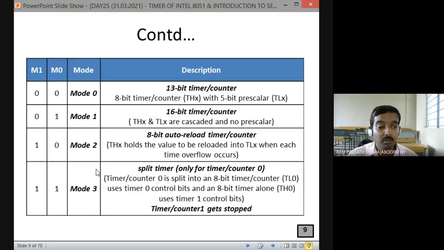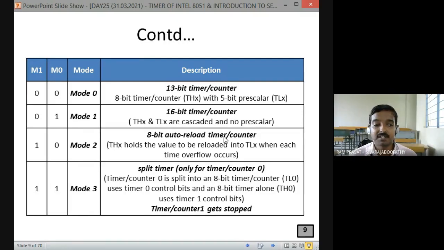Coming to mode 2, we call it an 8-bit auto reload timer/counter. What do you mean by auto reload? Whenever timer overflow occurs, the initial count that we have put gets reloaded again and again. That's why it is called an 8-bit auto reload timer/counter. What do we do here?